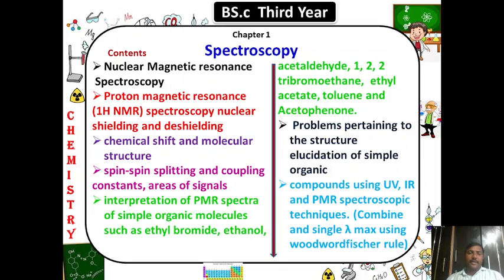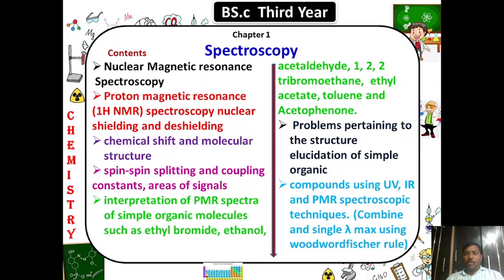The chemical shift and molecular structures. We also see spin splitting and coupling constants, areas of signals, and interpretation of PMR spectra of simple organic molecules such as ethyl bromide, ethanol, acetaldehyde, 1,1,2-tribromoethane, ethyl acetate, toluene, acetophenone, or so many organic compounds.